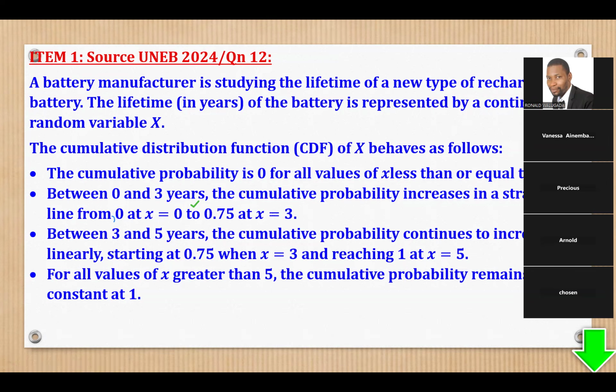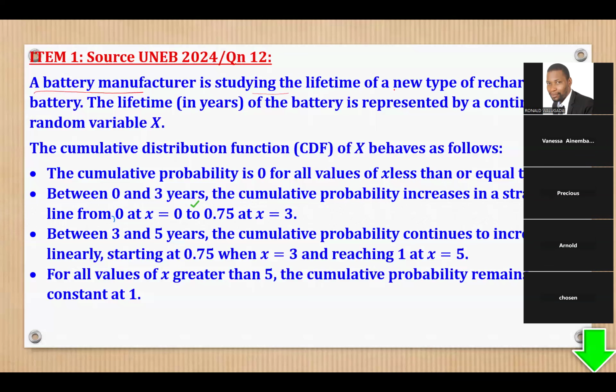2024 question 12, and it says, a battery manufacturer is studying the lifetime of a new type of rechargeable battery. Okay. The lifetime in years of the battery is represented by a continuous random variable. So here they have specified continuous.